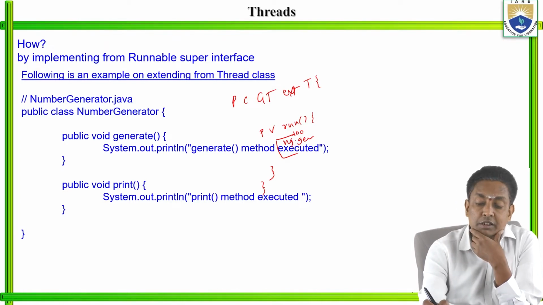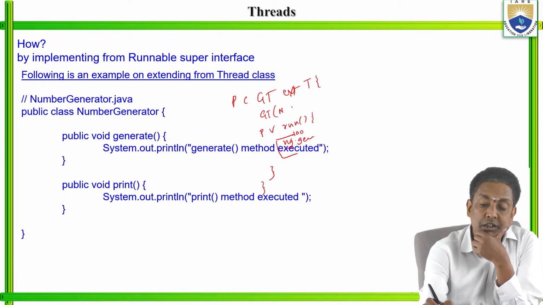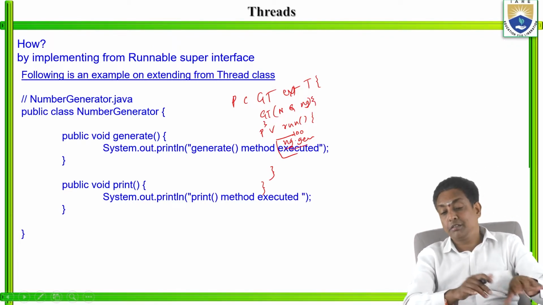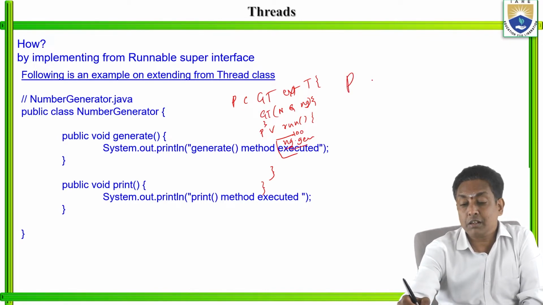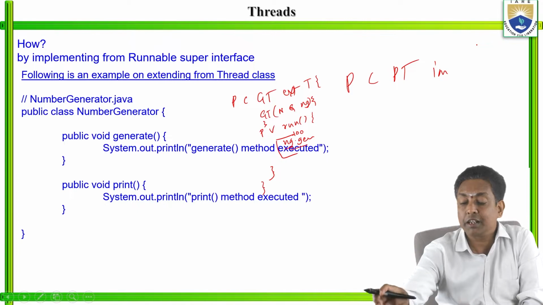In order to use this NumberGenerator object here, the GenerateThread class constructor received a NumberGenerator class reference. With that we can call generate. Similarly, one more class called public class PrintThread extends Thread.